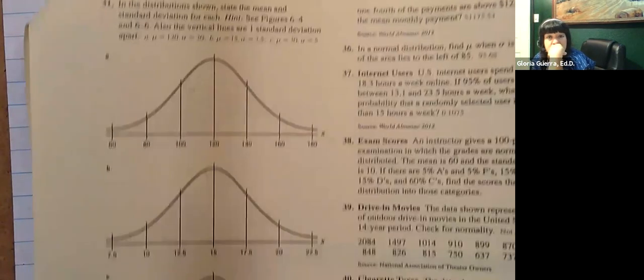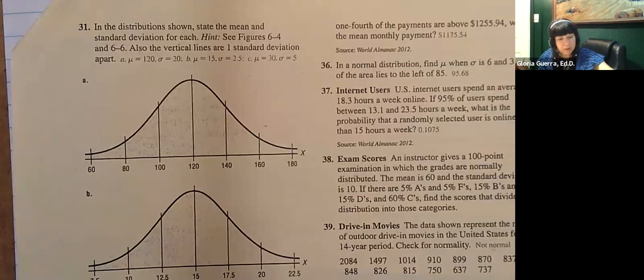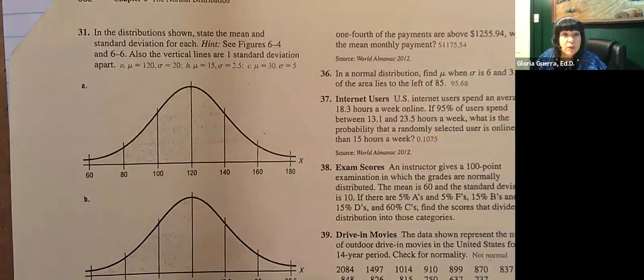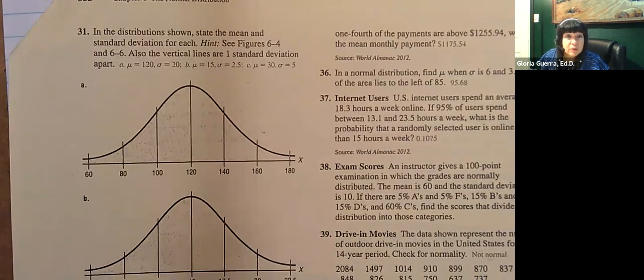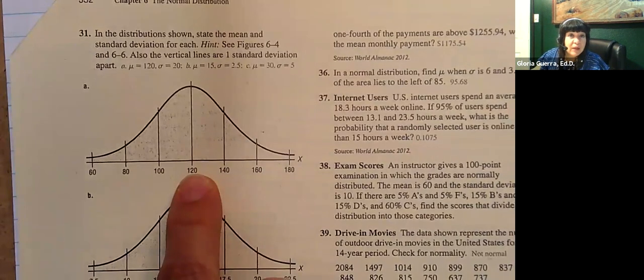Oh, so 31A looks like this. A, B, C. Okay, we're going to do part A, and B and C would be similar. It says that in the distribution shown, they want you to state the mean. So that would be like here for this one, 120. And then they want the standard deviation for each.